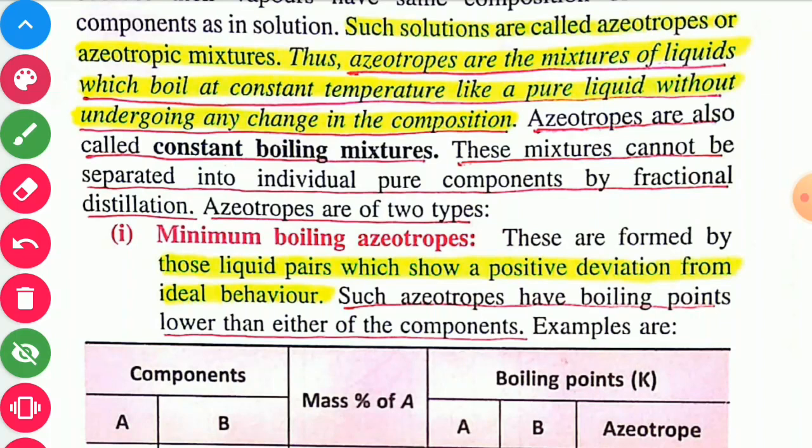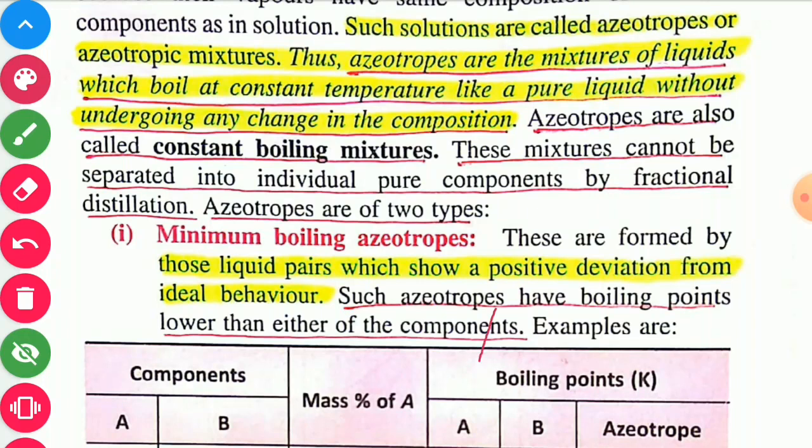So those liquid pairs which show a positive deviation from ideal behavior are known as minimum boiling azeotropes. Such azeotropes have boiling point lower than either of the components. Means in this case, the solution has a lower boiling point as compared to the components present in their pure form.